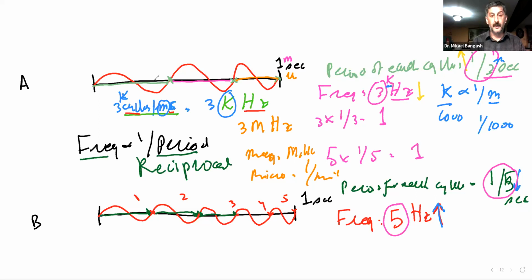Clear? So the more we increase the frequency, the shorter and shorter the period will become. So if you are told that you have a transducer which has a frequency of, let's say, 2000 hertz, and they're asking where is the period?